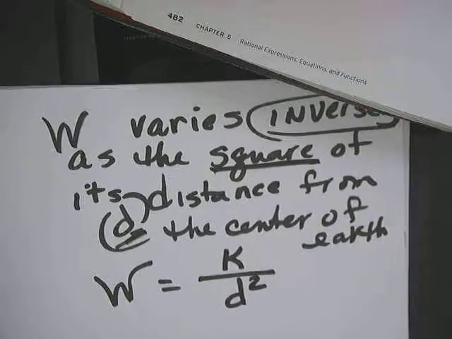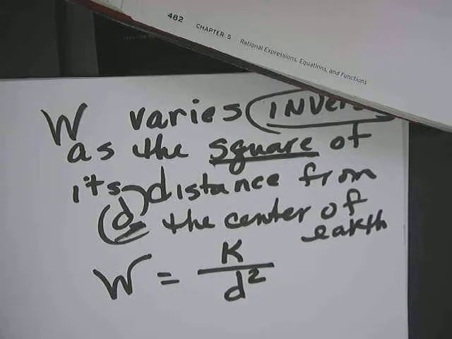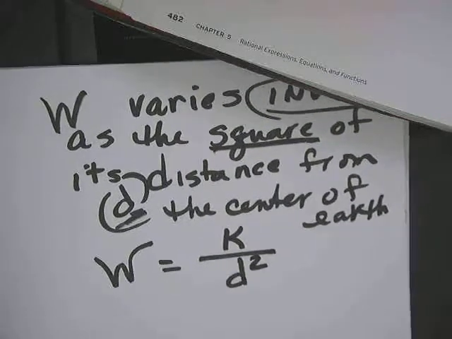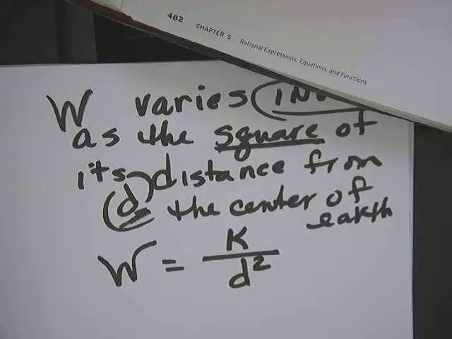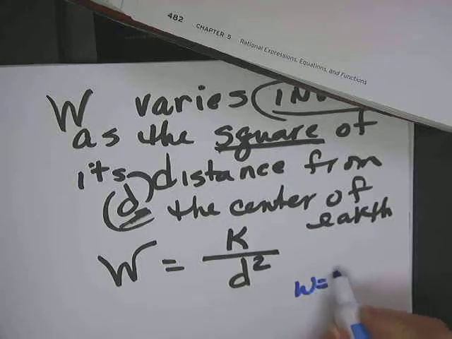Okay, so we write this as W equals, instead of times, we're going to divide by the square of the d, distance from the center of the earth.